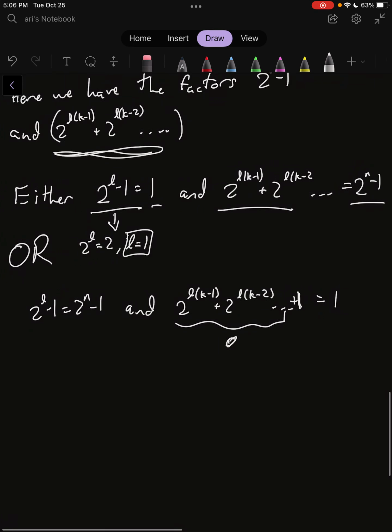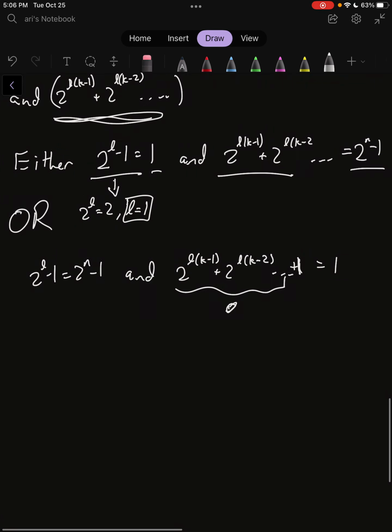So either we have L equals 1 here, and here, this means that L equals n, right? Because it's the same exact expression, just with these different variables in the exponent, so these exponents have to be equal to each other. I don't think I need to do any more algebra to show you that. I think we could all see that pretty loud and clear.